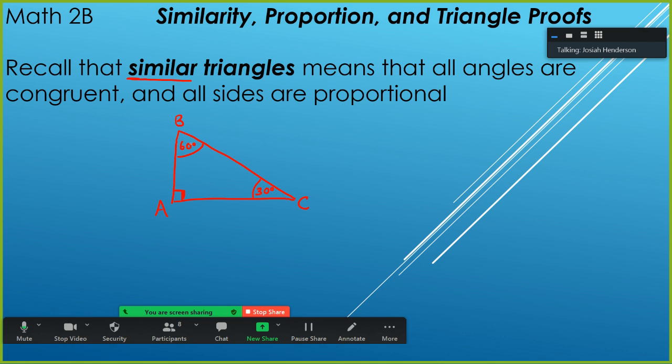So if we were given this triangle and then we were given a second one that was much bigger but had the exact same angles inside, these two triangles are similar. Triangle DEF, we'll call it.